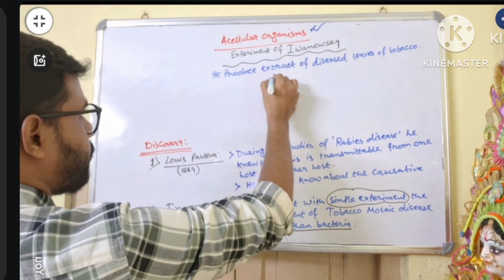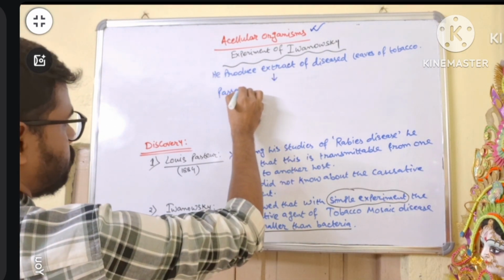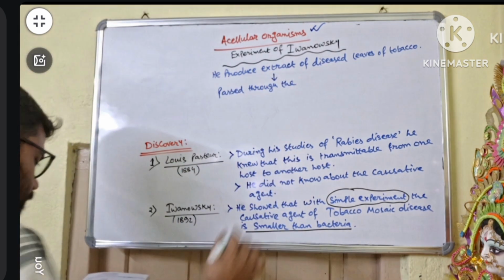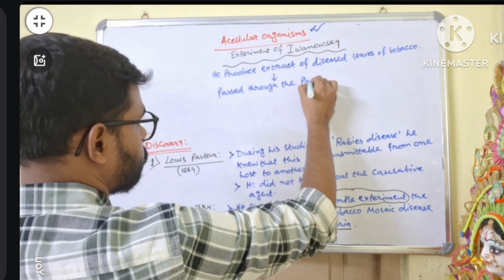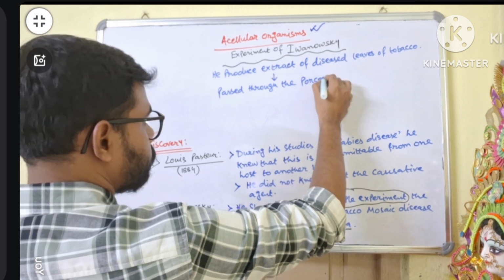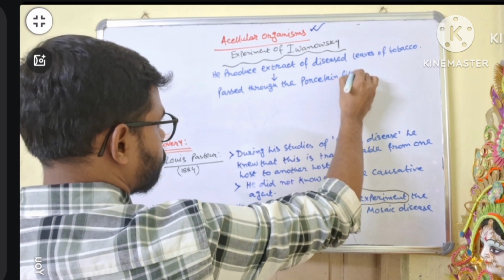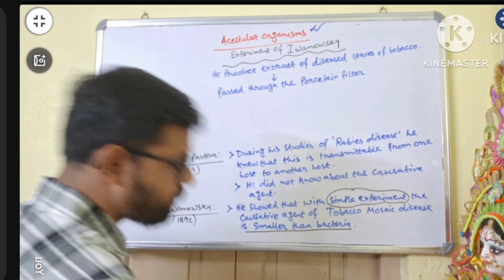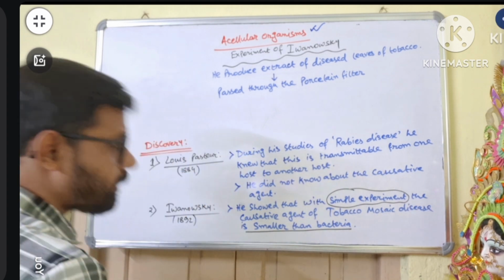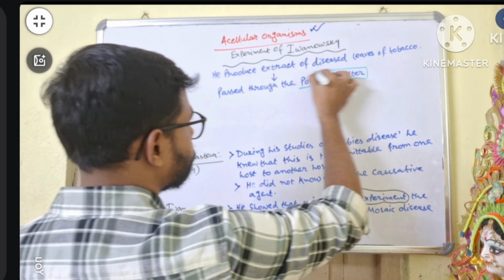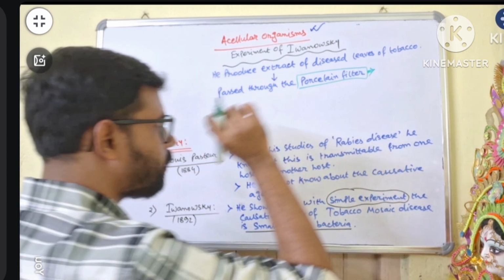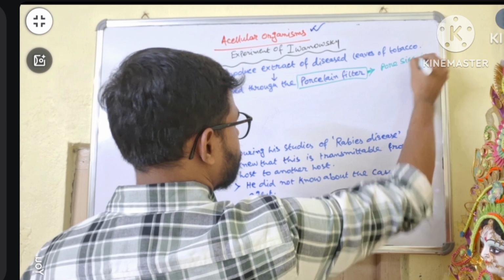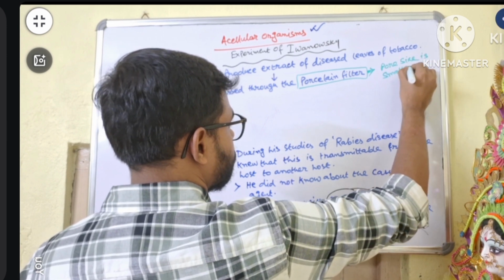Now, this extract is passed through the porcelain filter. The unique thing about the porcelain filter is that its pore size is smaller than bacteria.